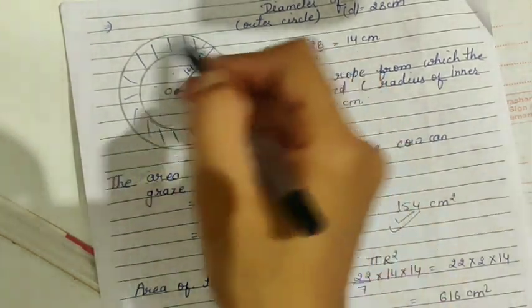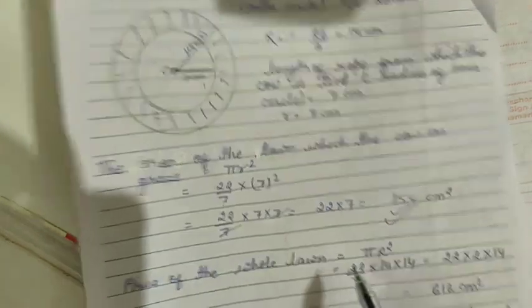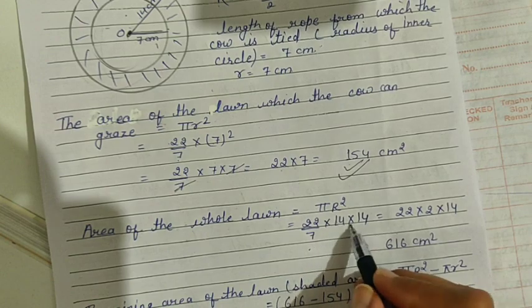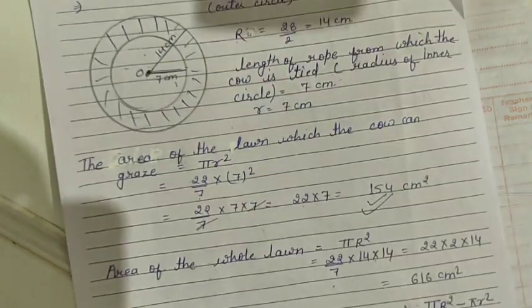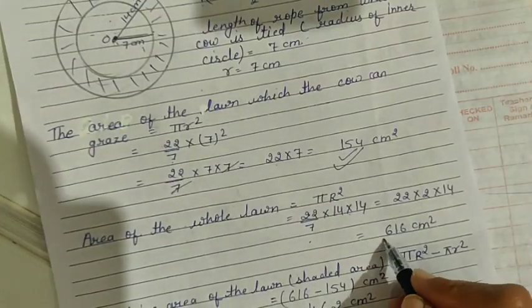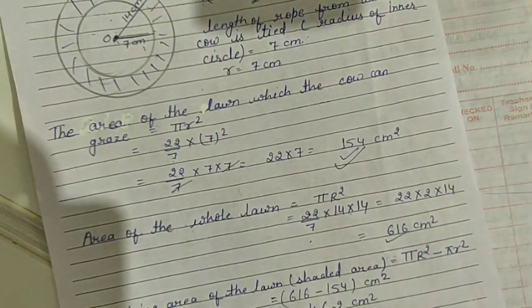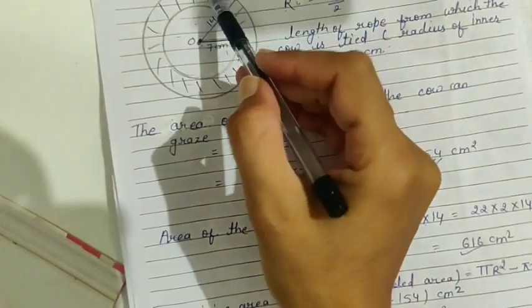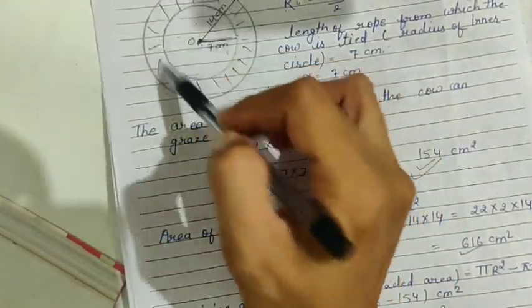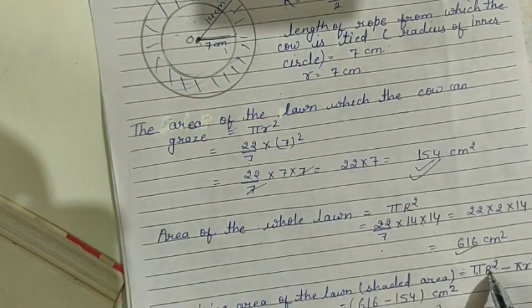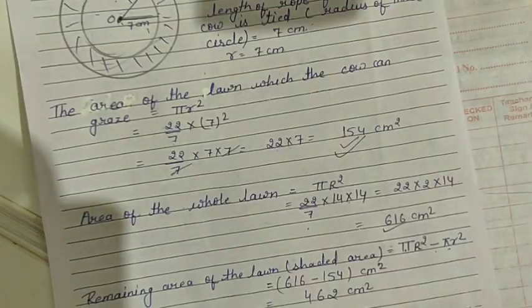Now the area of the whole lawn is equal to pi capital R square, 22 upon 7 into 14 into 14, because the radius of the whole lawn is 14 centimeter, and that is equal to 616 centimeter square. So the remaining area of the lawn, the shaded area, is equal to pi capital R square minus pi small r square.